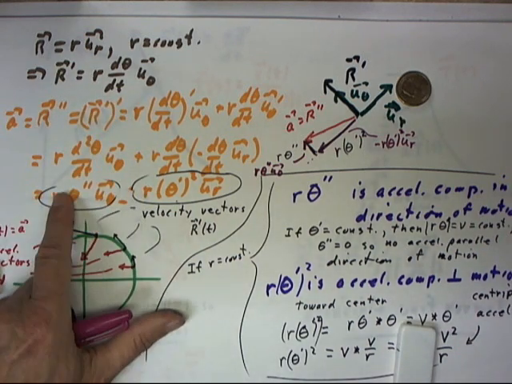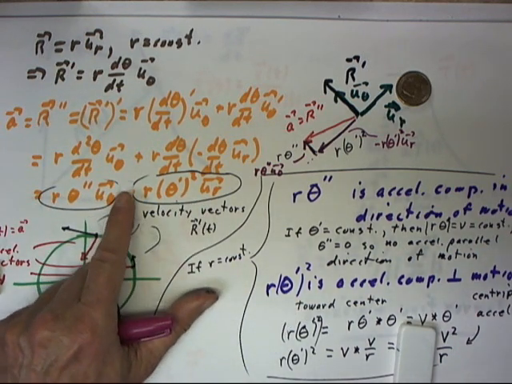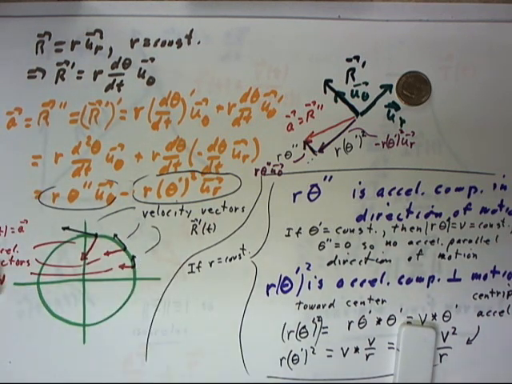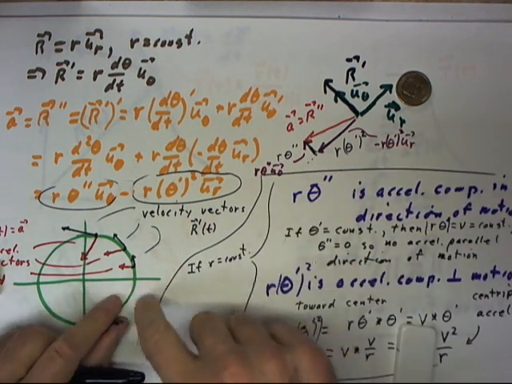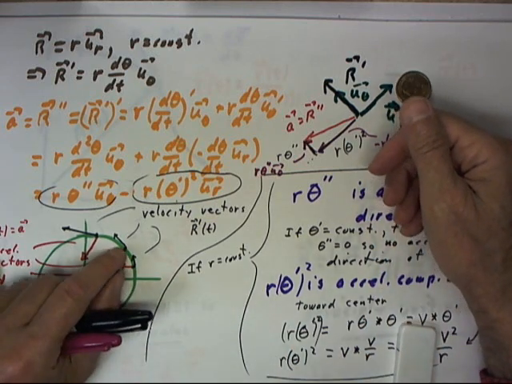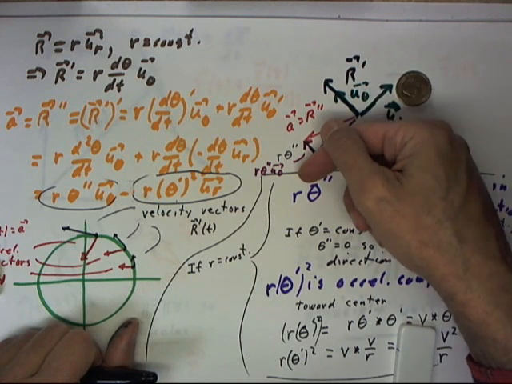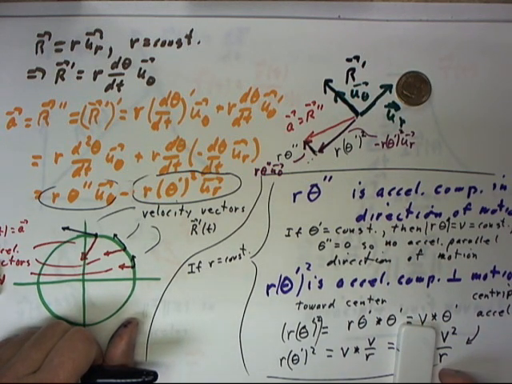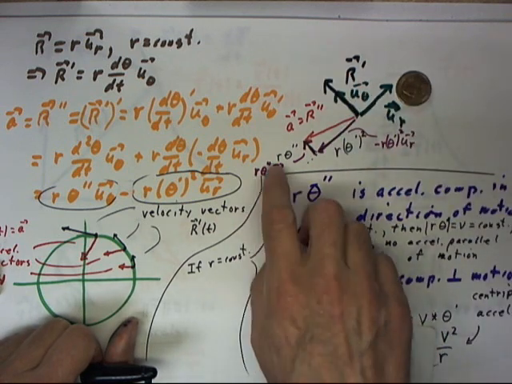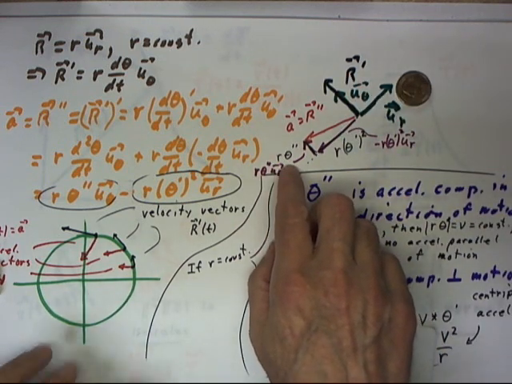So from this picture, from the radial components and the derivative of the velocity vector in the radial system, we conclude that motion around a circle implies that at every point you have an acceleration back toward the center, which we call its centripetal acceleration, which is v squared over r, or if we prefer, r theta prime squared, and a component in the direction of motion, which is just r theta double prime.